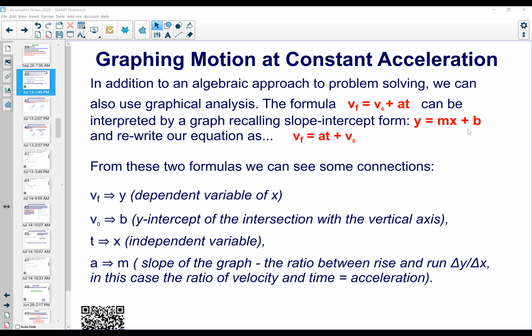It should be the dependent variable. And then the v0 lines up with the b in the slope-intercept equation, meaning the v0 should be your y-intercept where it crosses the y-axis. And it should be that because if the vertical axis is your velocity, where it crosses should be the velocity at time 0, your initial velocity. And then the x variable is time.